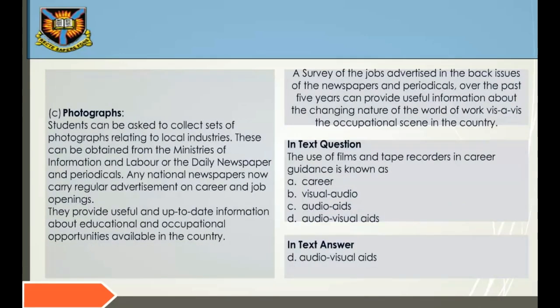C. Photographs. Students can be asked to collect sets of photographs relating to local industries. These can be obtained from the Ministries of Information and Labor or the daily newspaper and periodicals. Many national newspapers now carry regular advertisements on career and job openings.